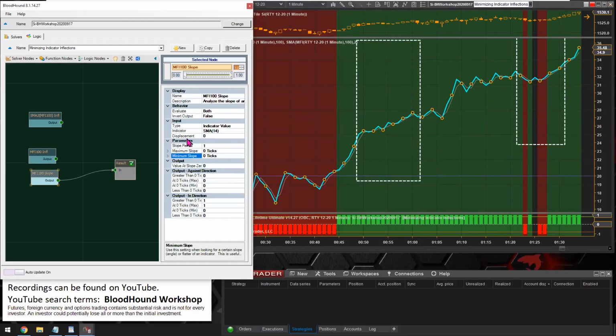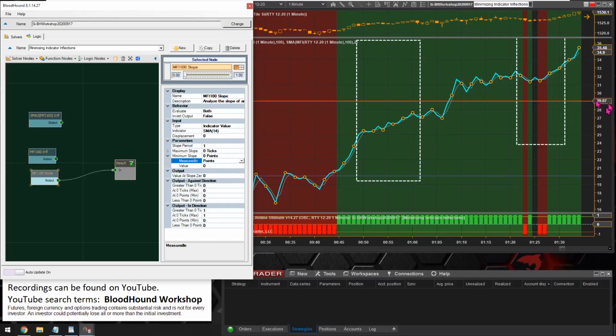So if you're using something like the MACD, the stochastics, the CCI, or this MFI that run in their own subpanel, then when you're using the slope amount here, you don't want to use ticks, right? Because there's no such thing as a tick value for an indicator that has its own scaling. A tick value only applies to price. So what you want to do is change your measurement unit from ticks to points.